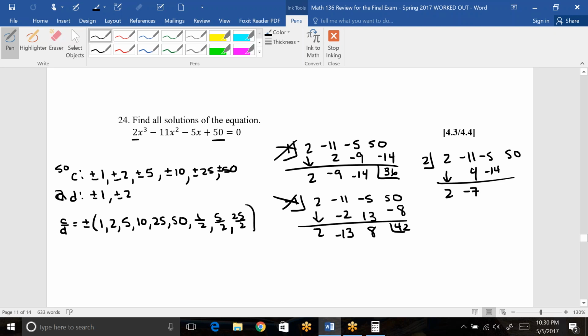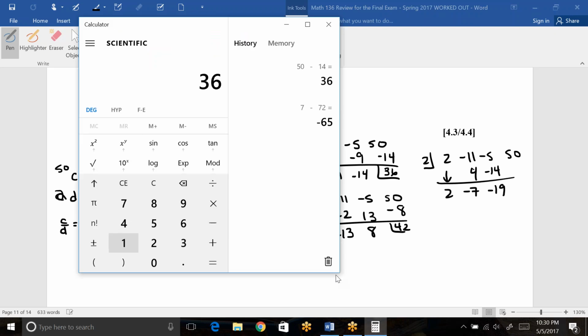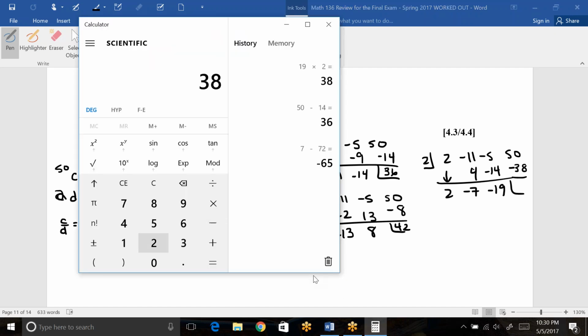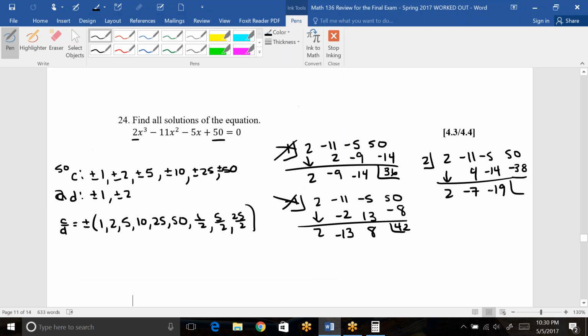That would be negative 14. That would be negative 19. And that would be negative 38, which would be, I believe, a positive 12 because I did subtraction backwards. So again, not helping us.